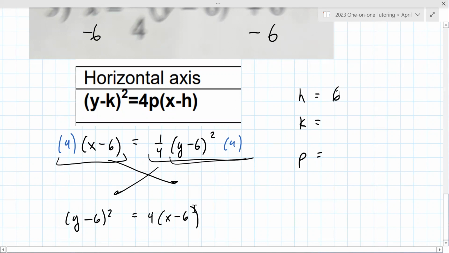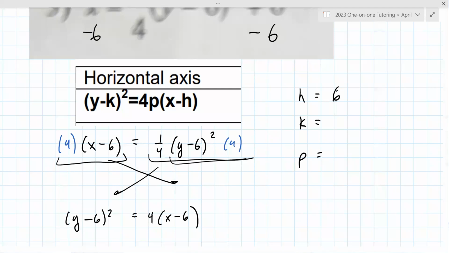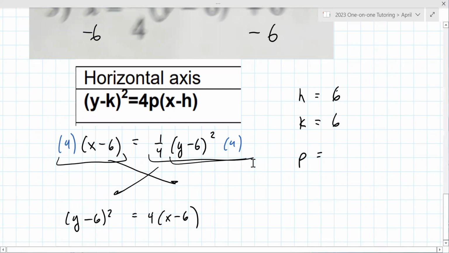It's opposite the sign in here. So most students remember it. How about k? Would that also be 6? Yes. To find p, see how 4p is in front of the x minus h. So you're setting 4p equal to 4 here. So 4p equals 4. Okay, so what is p? 1. Okay.